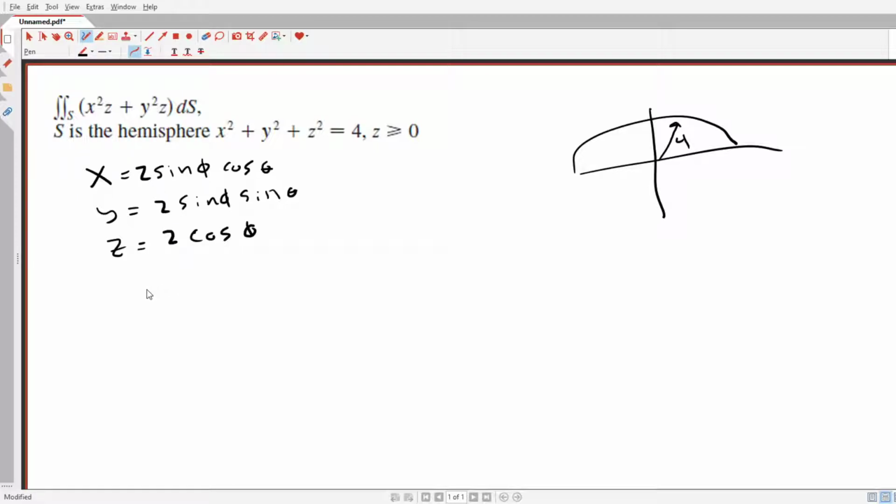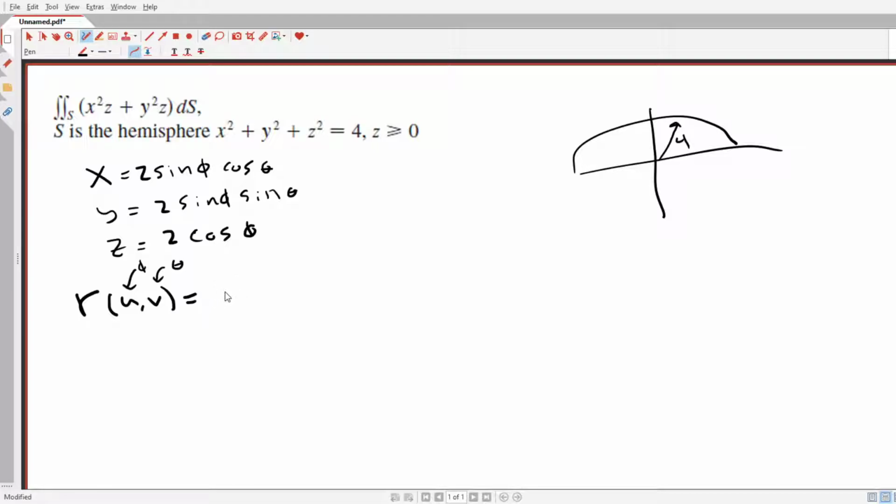If I write this as a vector function, I have r of u and v, where u is phi and v is theta. I'm just doing this so we can keep the same notation that I've been using.